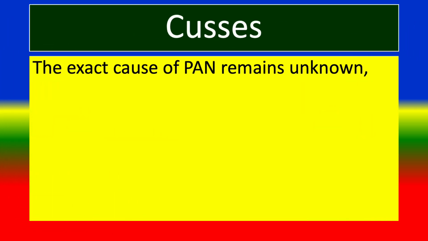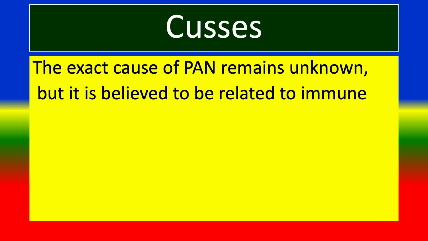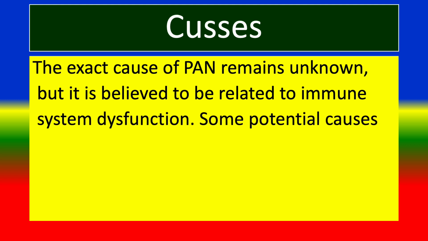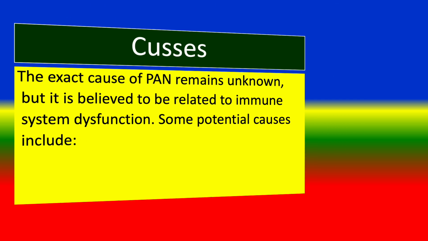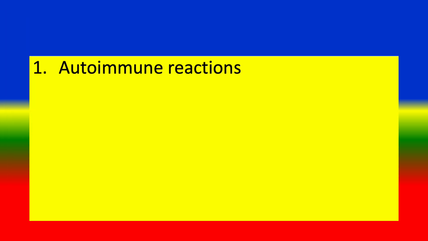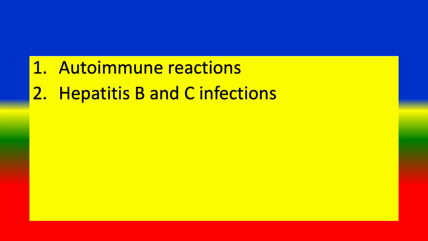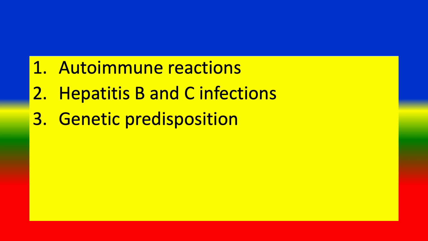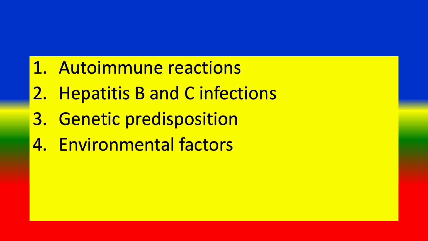Causes. The exact cause of PAN remains unknown, but it is believed to be related to immune system dysfunction. Some potential causes include: 1. Autoimmune reactions, 2. Hepatitis B and C infections, 3. Genetic predisposition, 4.